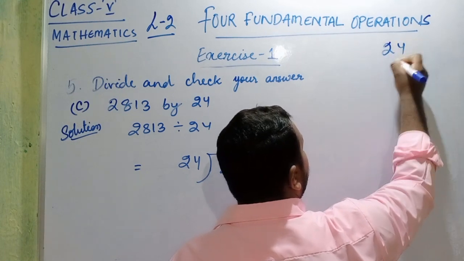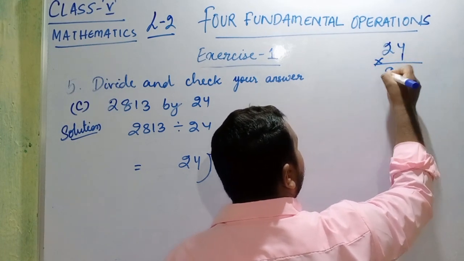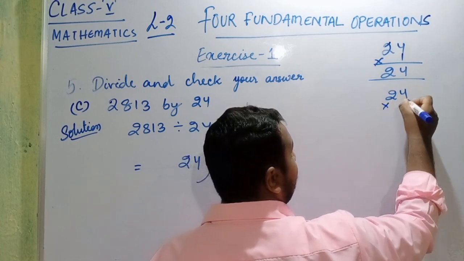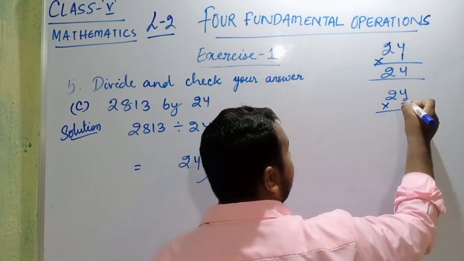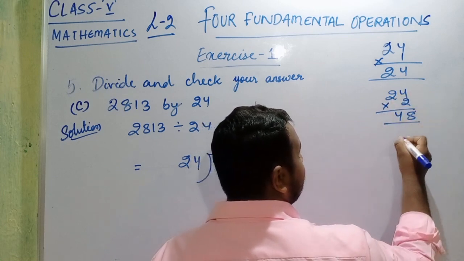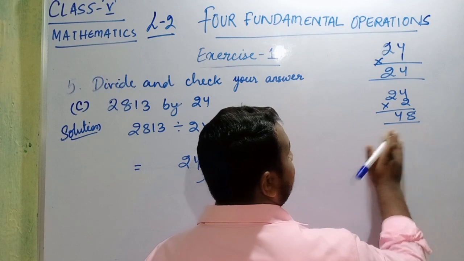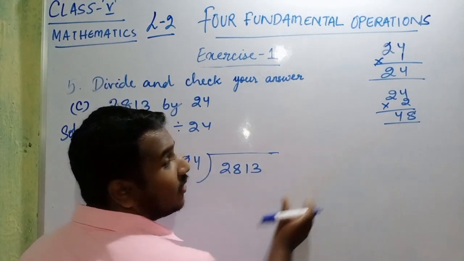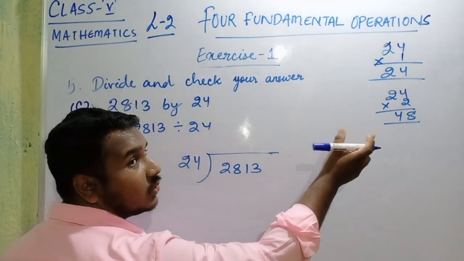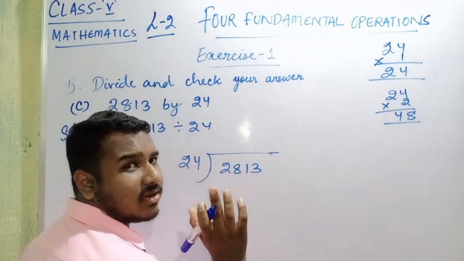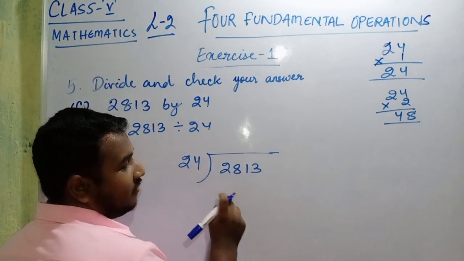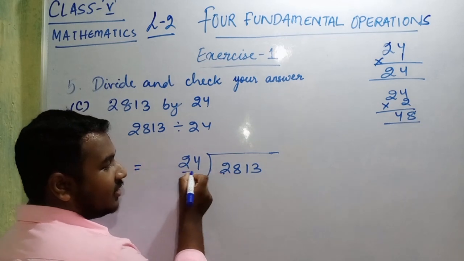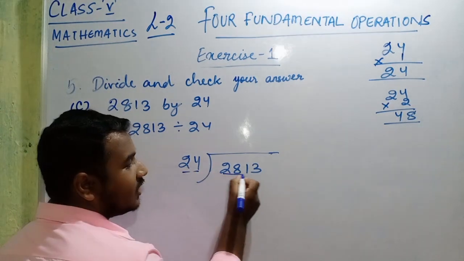So 24 into 1 becomes 24. Yes or no? Next, 24 into 2 becomes 2 4s are 8, 2 2s are 4. Next, see here, up to the bigger number you will take. Now I have done up to 2, you can take 3, 4, 5, 6, 7 like that also. So 24 and 28, here what is the first number? 2. 2 is smaller than 24, so we will take a 2-digit number, 28.